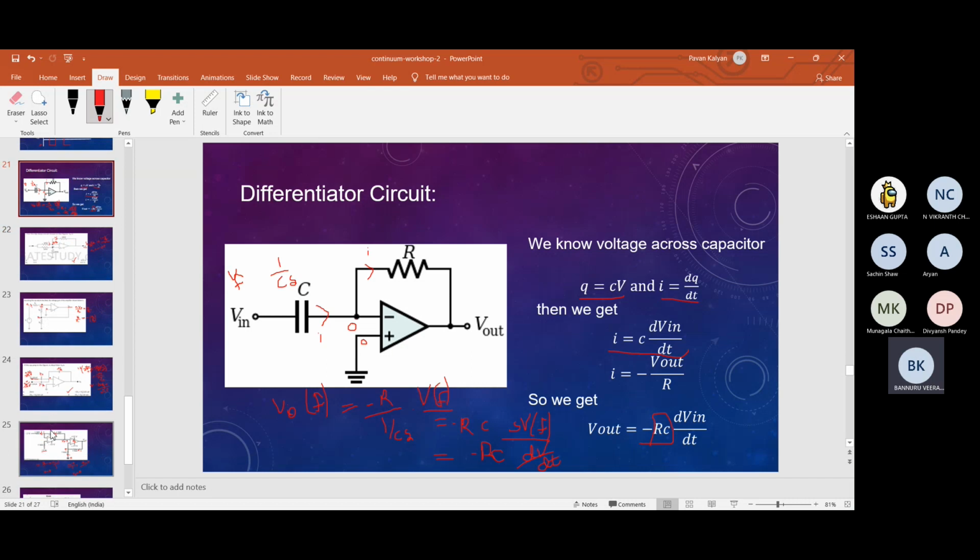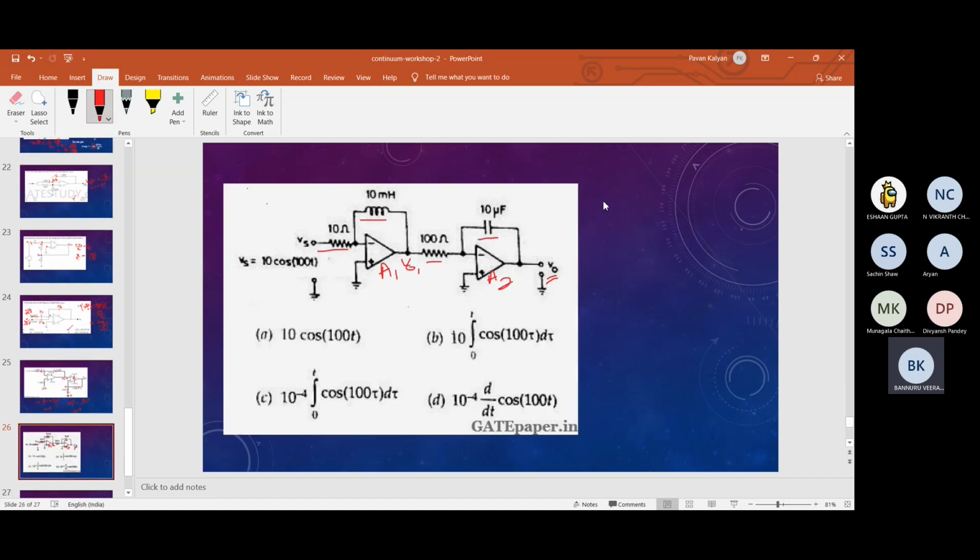So if we follow the same method for this question also, we will be getting V out 1. Now we are solving V out 1. Since this is 0, it will also be 0. So we will be getting V out 1 as minus R2 upon R1 times V in.